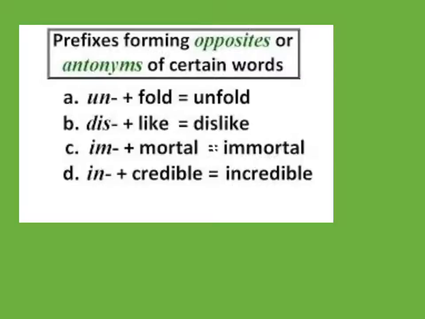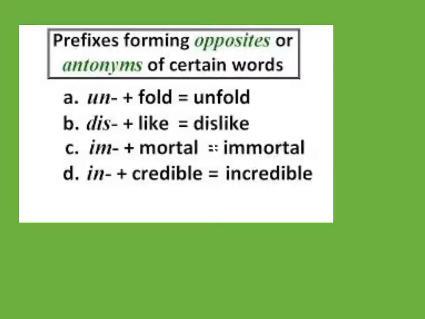And then mortal and immortal. So the im plus the original word mortal gives the opposite, immortal. Immortal means someone who does not die, like God. We always sing the song, immortal, invisible God.